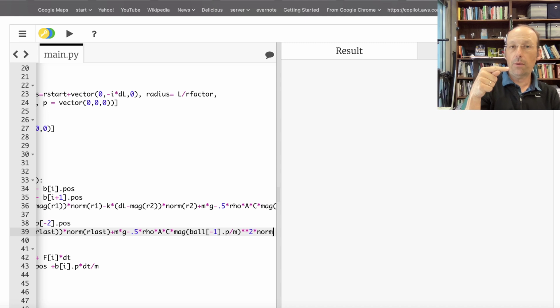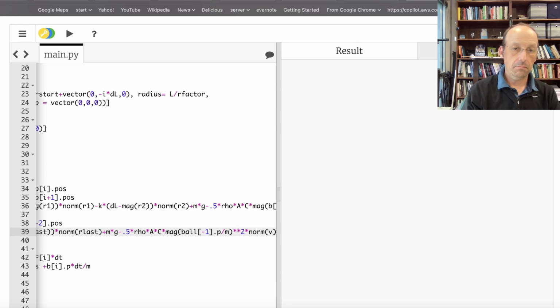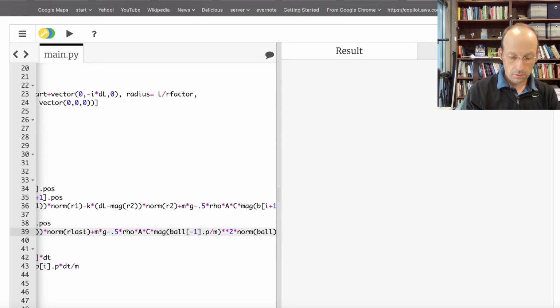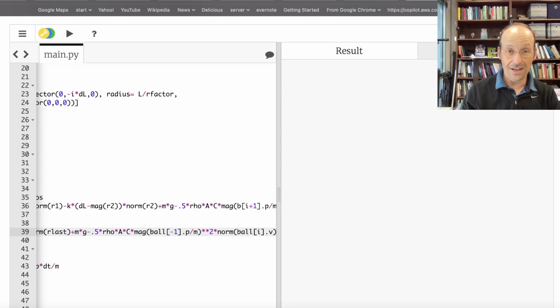So if the air is moving that way, the ball can be moving up or down. I could just use a constant horizontal force, but that's not going to damp the vertical motions. Okay, let's find norm v. No, ball i dot v, which I have not made yet.